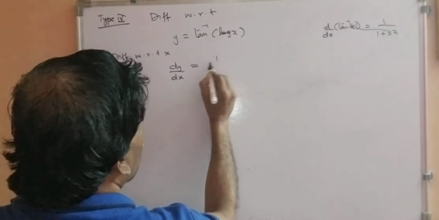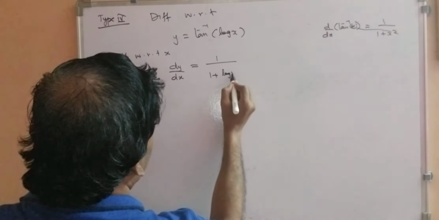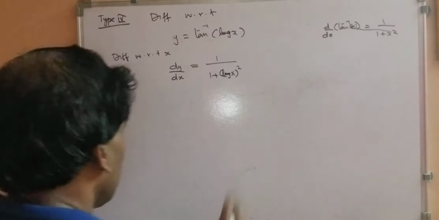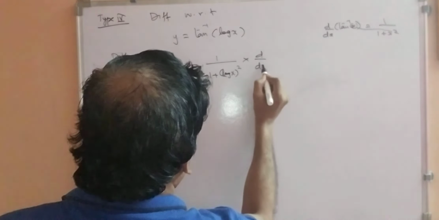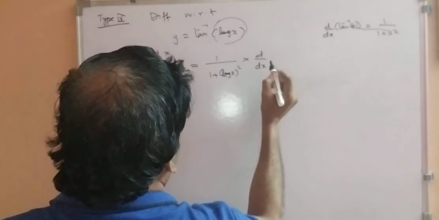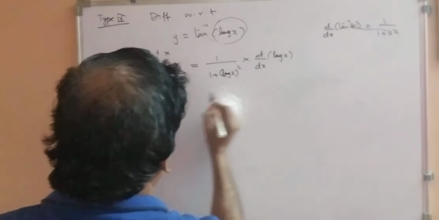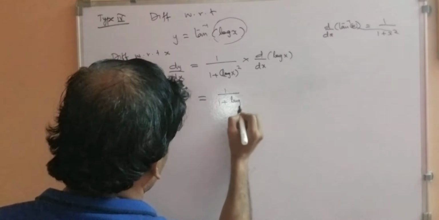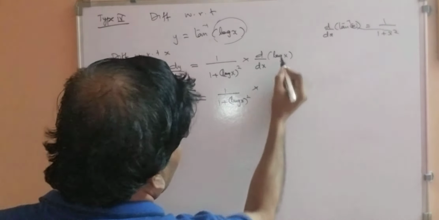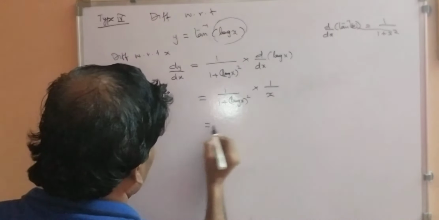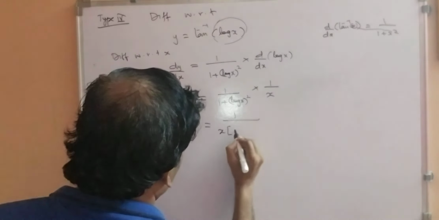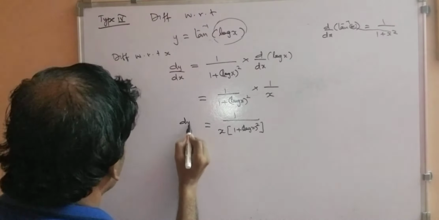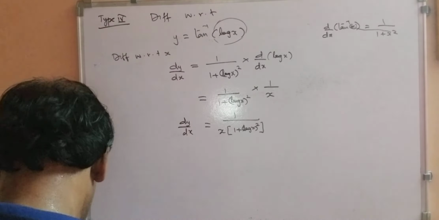So it is 1 upon 1 plus log x the whole square, into derivative of the thing which is inside the bracket, log x. So 1 upon 1 plus log x the whole square into, what is the derivative of log x? 1 upon x. So it is 1 upon x into 1 plus log x the whole square. This is your dy by dx.